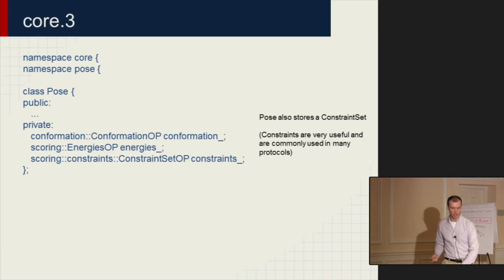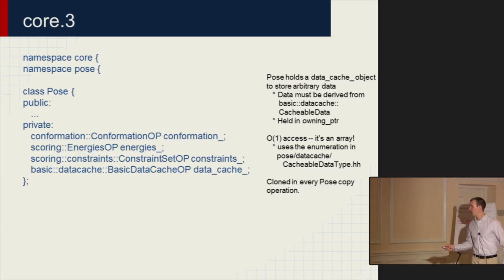Okay, so like I said, there's a few more things that the pose contains. It contains a constraint set, which is an object for holding constraints. We'll talk about constraints more on Friday. It holds this very low-level data structure called a data cache. The data cache is an array of pointers to things, pointers that are derived from reference count.